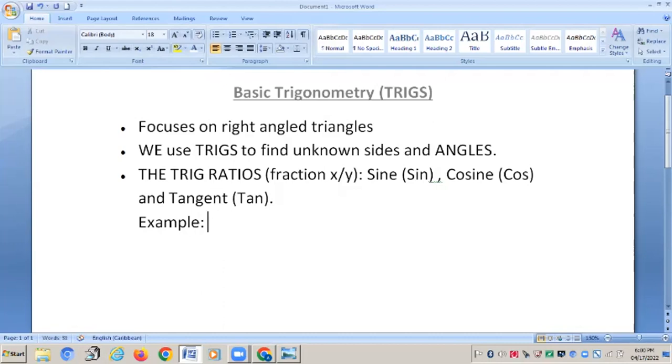All right, so what does sine 30 degrees equal 0.5 mean? What does it mean?